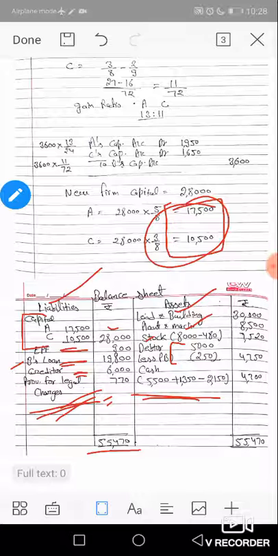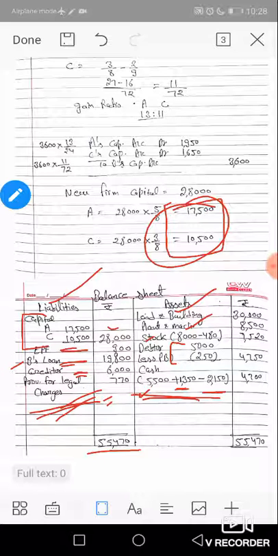In last, cash adjustment is important because old cash in balance sheet is 5,500. In our capital account we saw that in case of A it is to cash, in case of C by cash, so to cash is minus 2,150 and by cash 1,350 is plus. So total cash is adjusted.